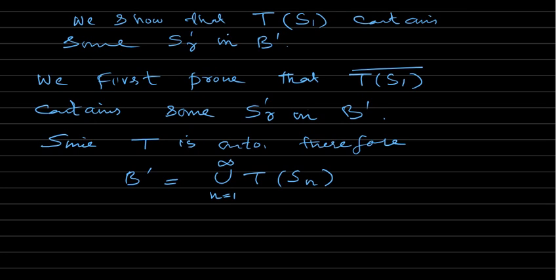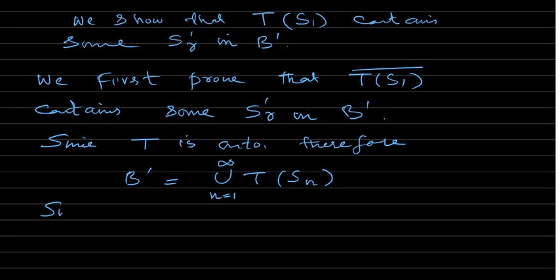Because your T is onto, this is always true. You can prove it. One inclusion is trivial, that union is always contained in B dash, because T of S_n, image of S_n under T is contained in B dash.